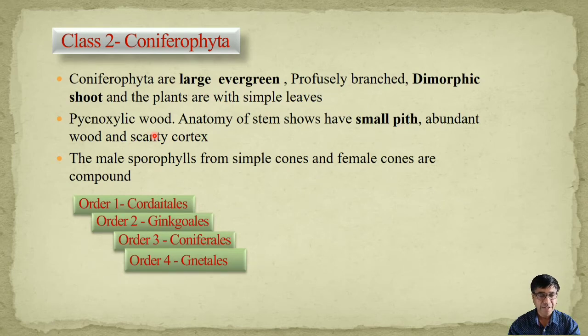Anatomy of the stem shows a small pith, abundant wood and scanty cortex. Plants are monoecious, means having both male and female reproductive organs in the same individual. The male sporophylls form a simple cone and female cones are compound.